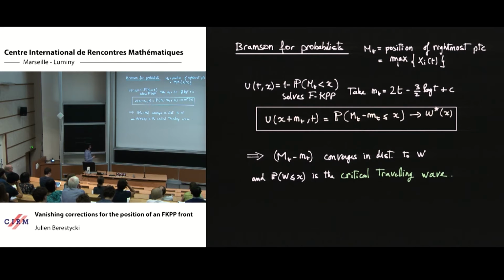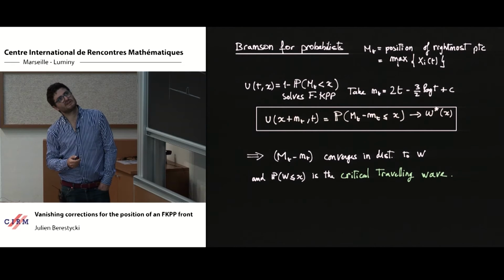And so what that means is that if I center by m_t, and m_t is anything like that, and I can put any plus small o of 1 here, I don't care, I center around m_t, and then I know that this converges to w star. But this is, of course, just the CDF of capital M, the maximal, minus m.